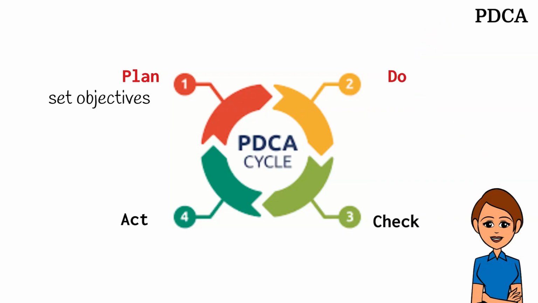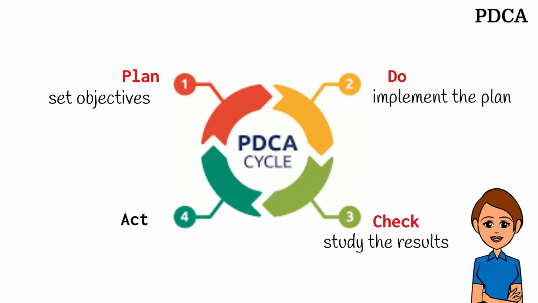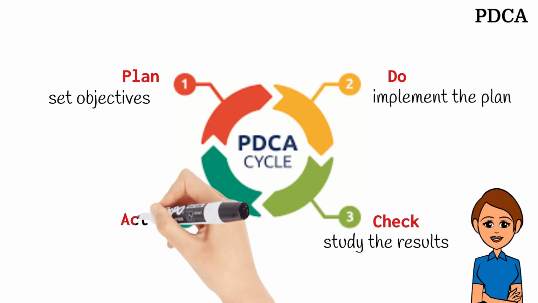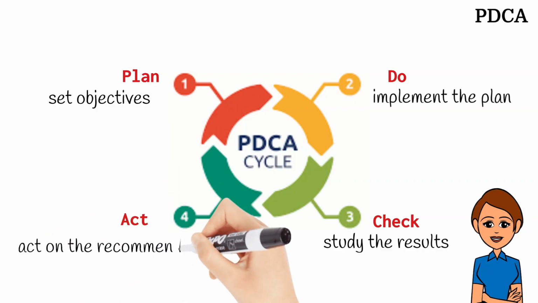In the do phase, you have to implement the plan, execute the process, and make the product. Here you are taking the actions for a planned improvement. In the check phase, you have to study the results. You have to compare the results achieved with the results expected. And then in the act phase, you have to act on the recommendation or the change based on the data.